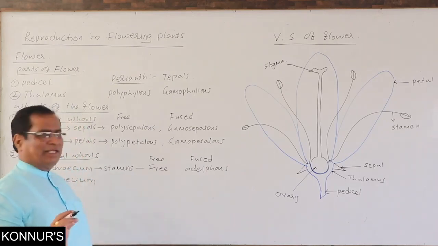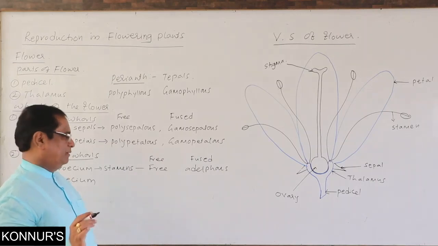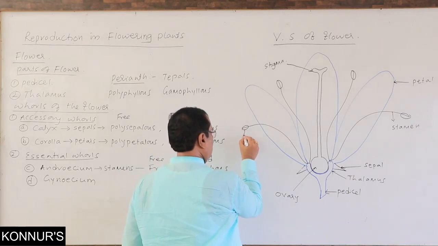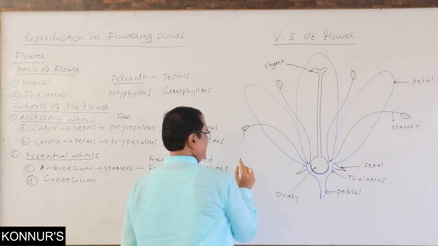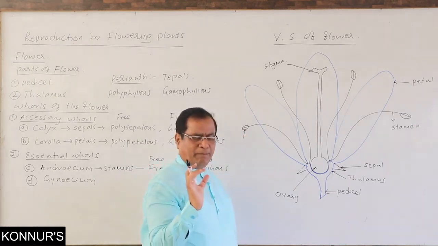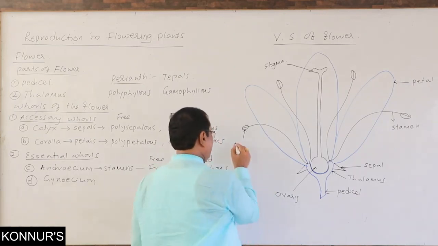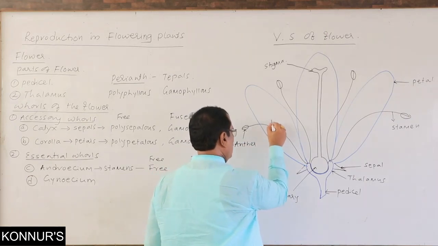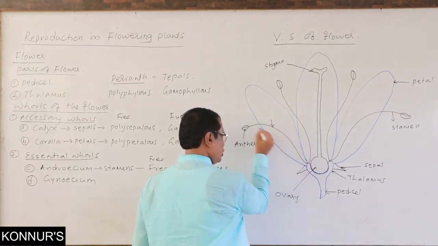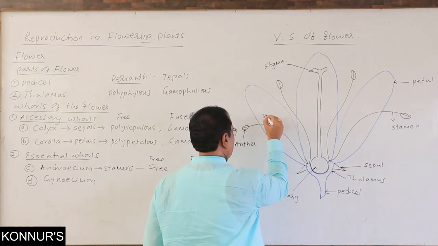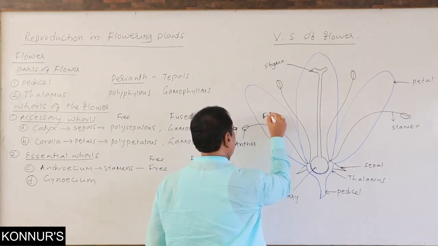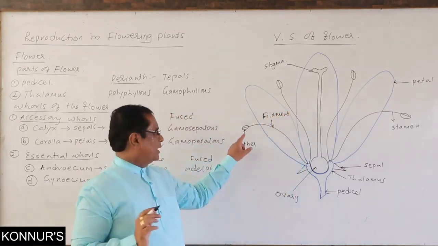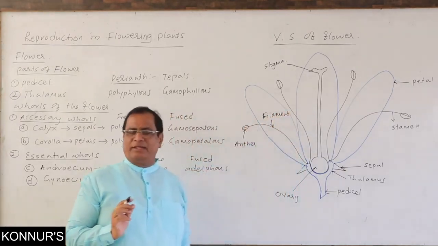Each stamen has distinguished parts. At the apex, a more or less bilobed structure is named the anther, and the stalk is the filament.